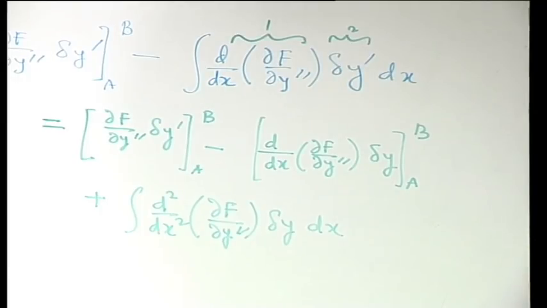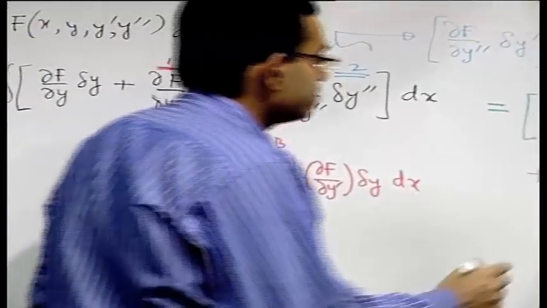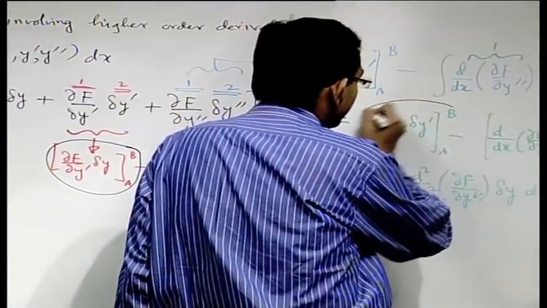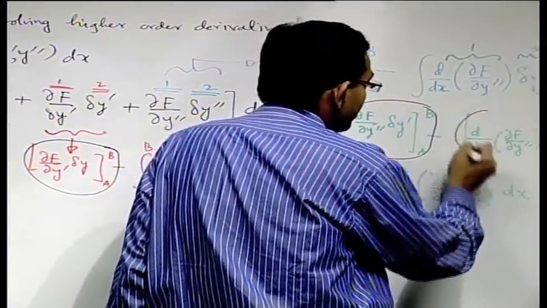So, we have simplified this one and we will now pay attention to some important terms. The important terms are first the boundary terms. You see this is one boundary term and these are the other boundary terms.